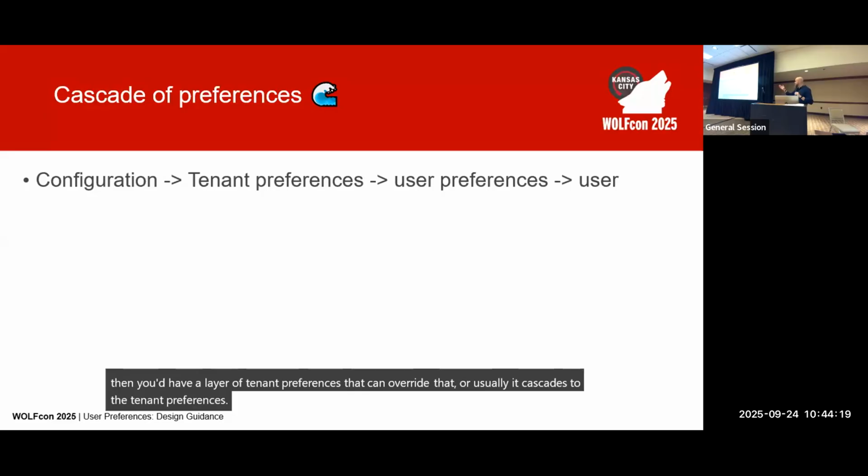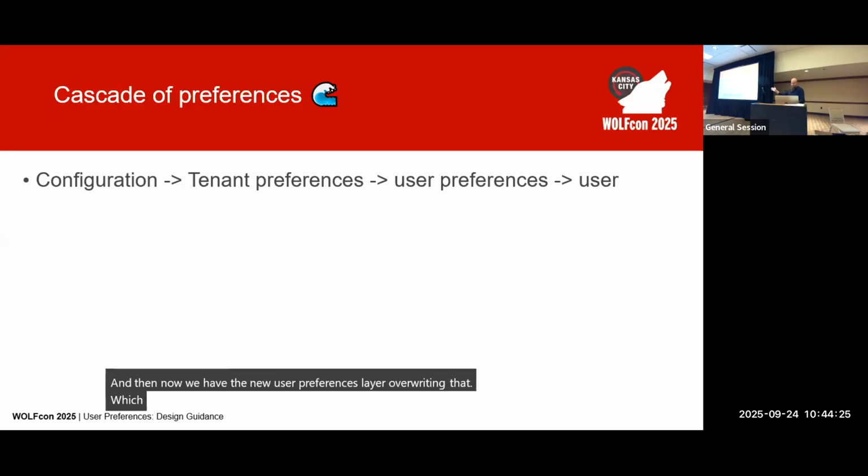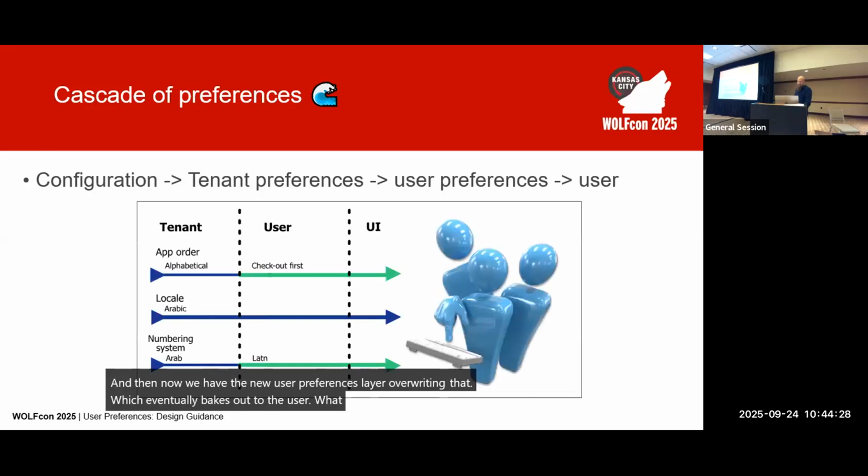And then now we have the new user preferences layer overriding that, which eventually bakes out to the user and what the user sees. So I made a little bit of a diagram here.